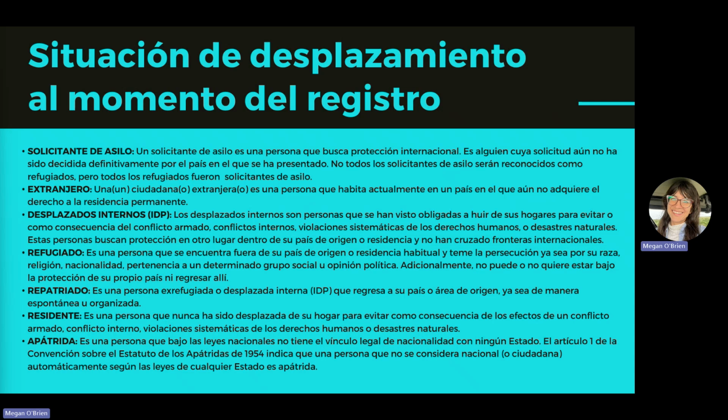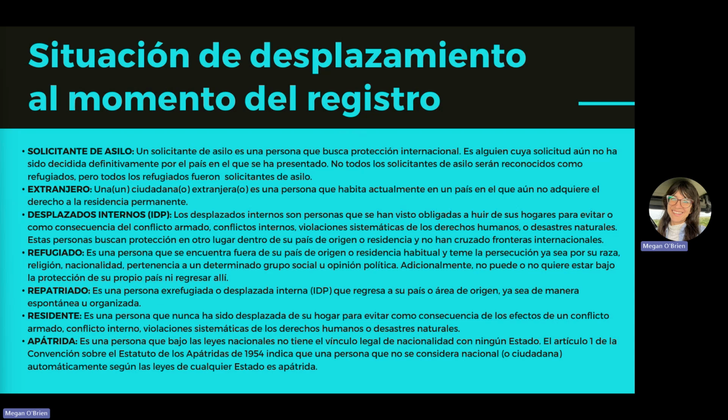So an asylum seeker is an individual who is seeking international protection. In countries with individualized procedures, an asylum seeker is someone whose claim has not yet been finally decided on by the country in which he or she has submitted it.